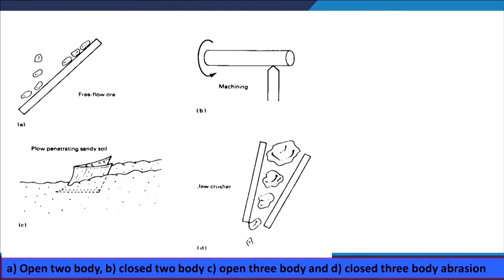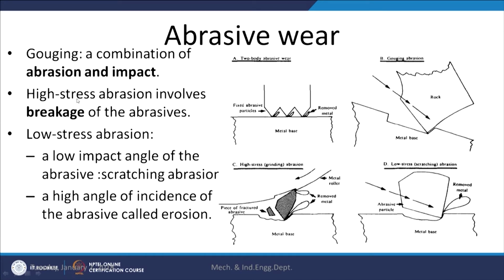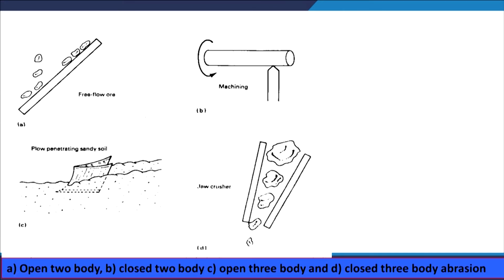Going back to what we have talked about, this is the open abrasion system, where in open two body abrasion the abrasive particles fall freely onto the surface.